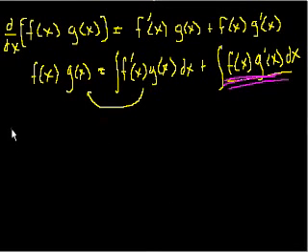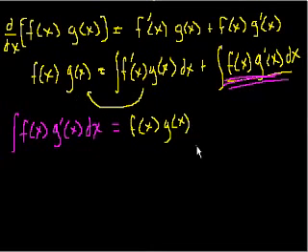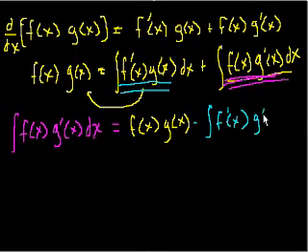This term right here, the integral of f of x, g prime of x, dx, is equal to f of x, g of x, minus this term, because I put it onto this side of the equation. So minus the integral of f prime of x, g of x.